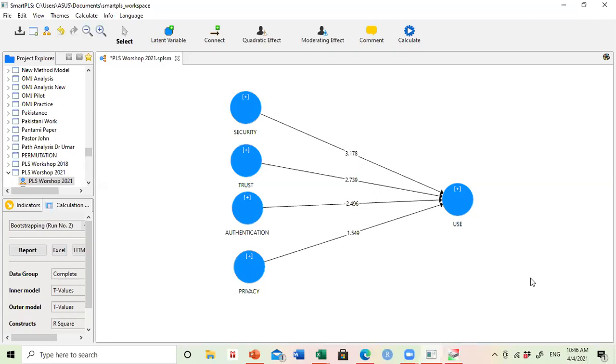But if he perceives that it is not secured, then it shouldn't be significant. He should not use the software. We expect also that trust, if you have trust, you will use that software.